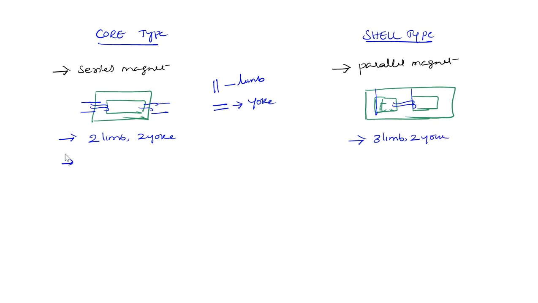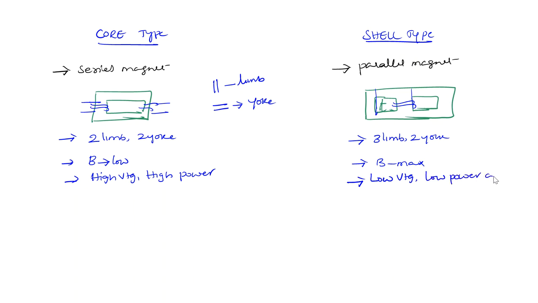Next, core type is used for low flux density, so B is low, and here B is maximum flux density. Core type is used for high voltage high power applications, and this will be used for low voltage low power applications.